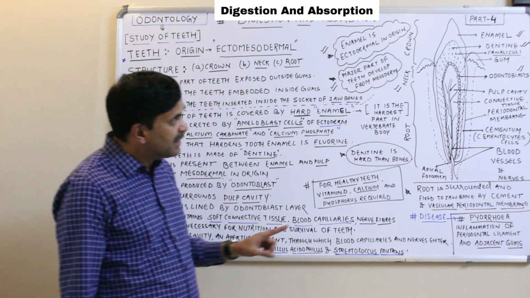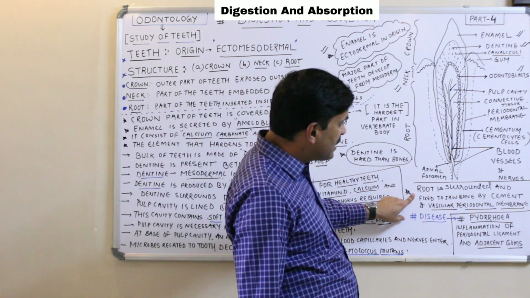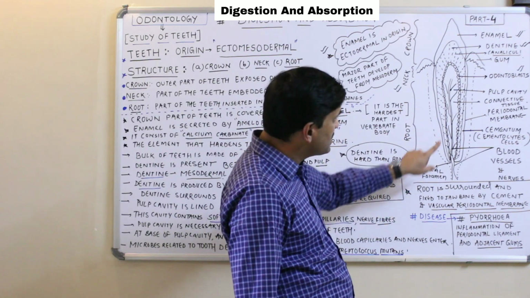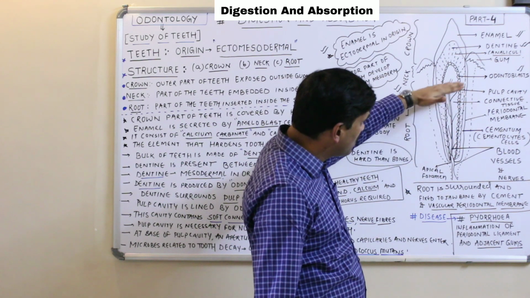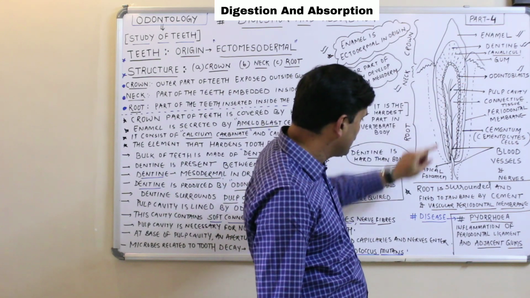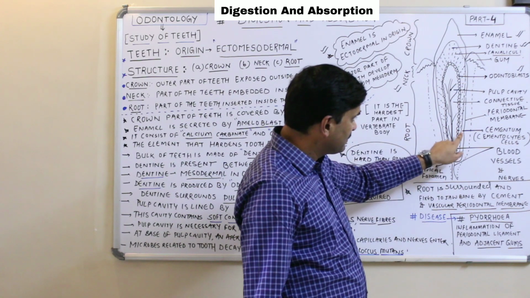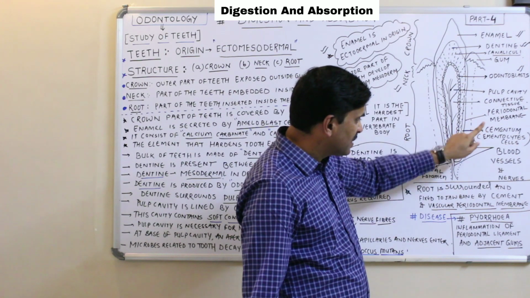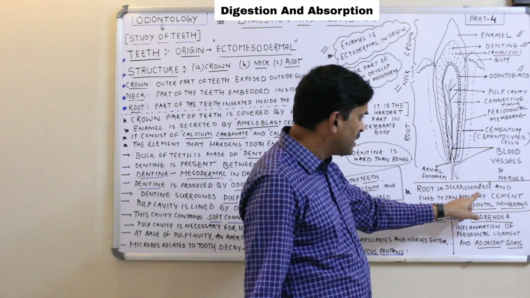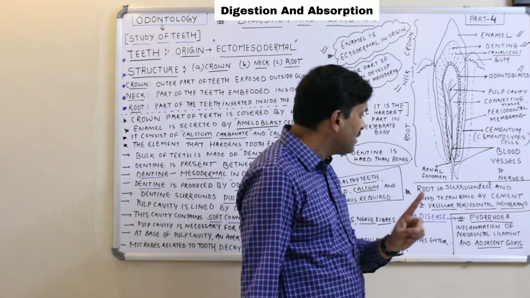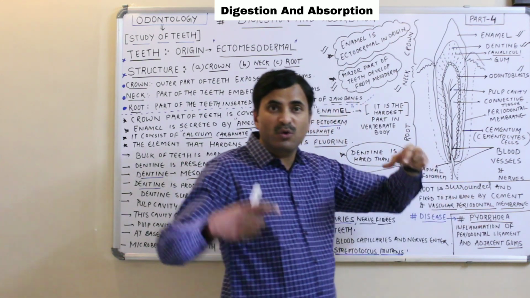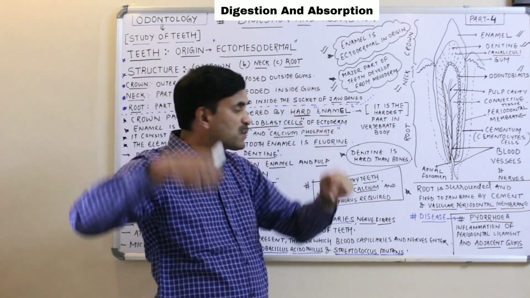And one more thing: in the diagram you can see that the root is surrounded, if you see the outside part of the root section of the teeth. The root is surrounded and fixed to the jawbone. You know very well that human teeth are embedded in the jaw sockets.